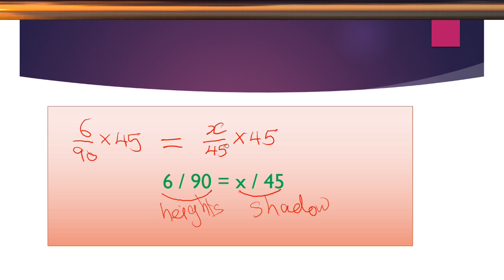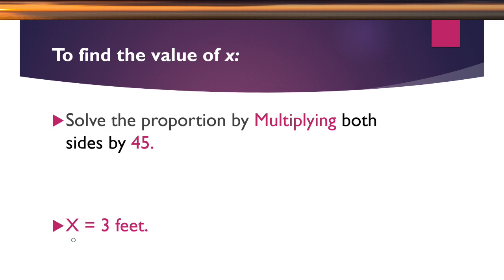The second one, 45 is cancelled with 45 because 45 over 45 equals 1, and what remains is X on the right hand side, and on the left hand side is 6 times 45 over 90. We know that 90 divided by 45 equals 2, and 6 over 2 equals 3. So as you see here, this is the answer, X equals 3 feet. So 3 feet is the shadow length of the man.